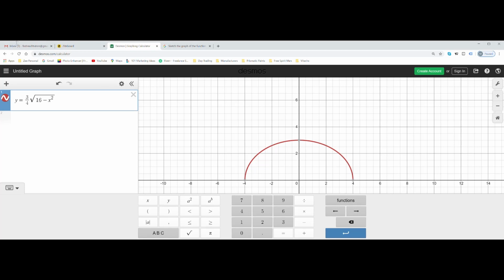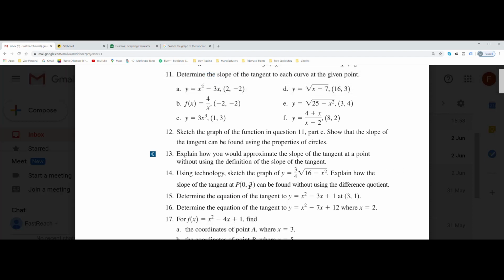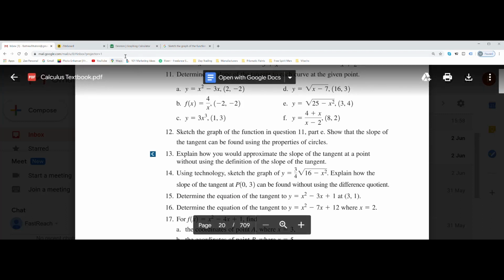So if you see, what it's saying is that, explain how the slope of tangent at 0 and 3 can be found without using the difference quotient.